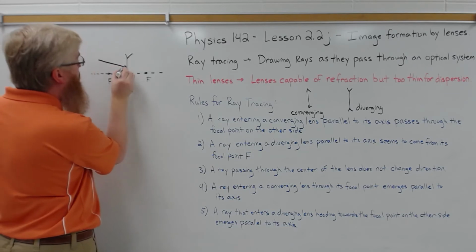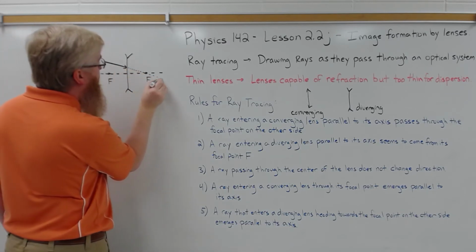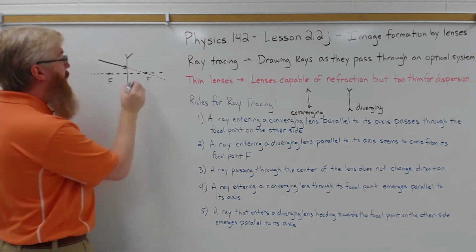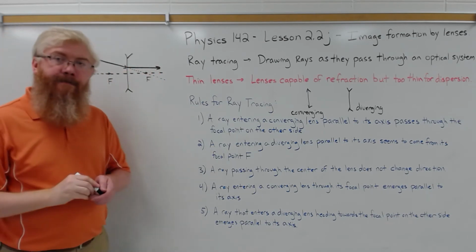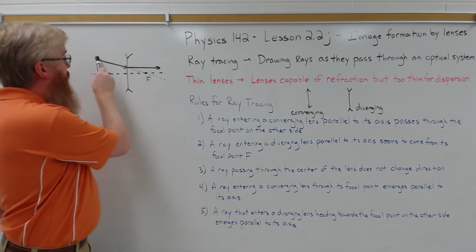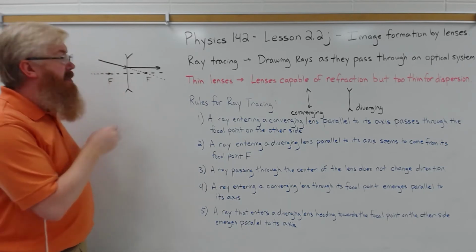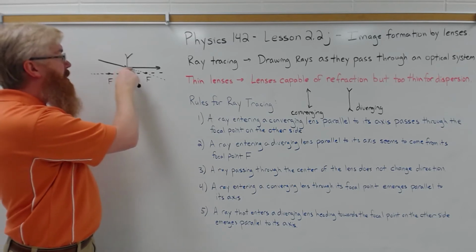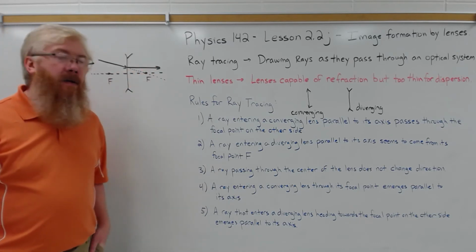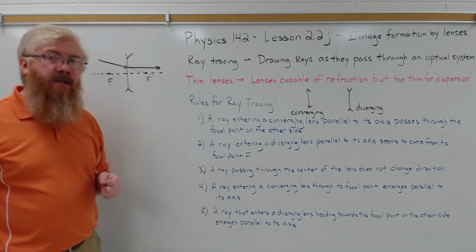It's going to want to go through that focal point, but the diverging lens forces it to go parallel. So this ray wants to go through the focal point on the opposite side, but when it interacts with the diverging lens it becomes a parallel ray to the optical axis.